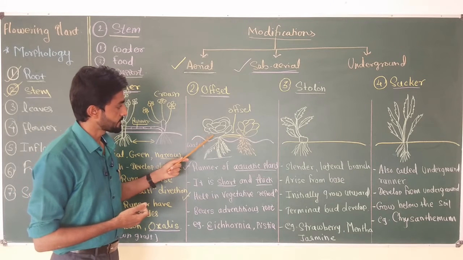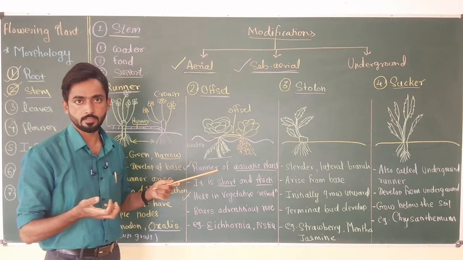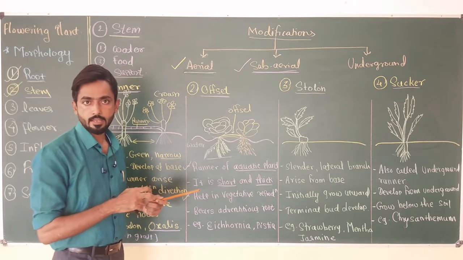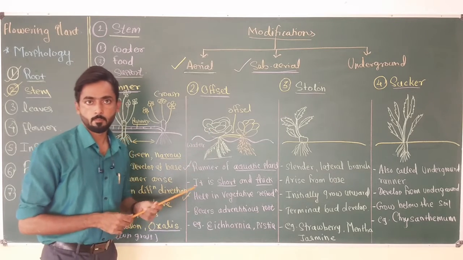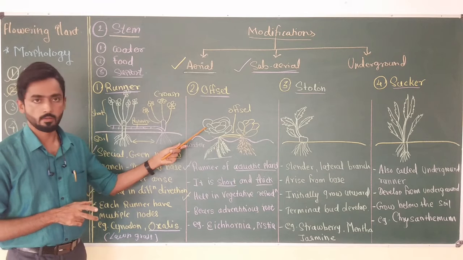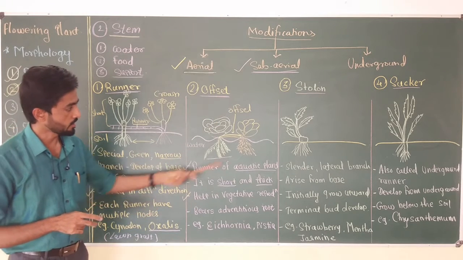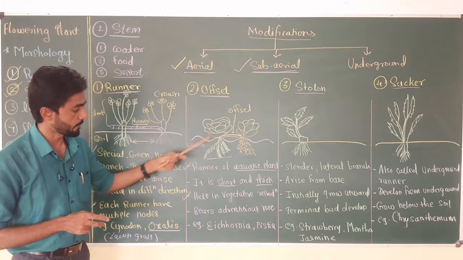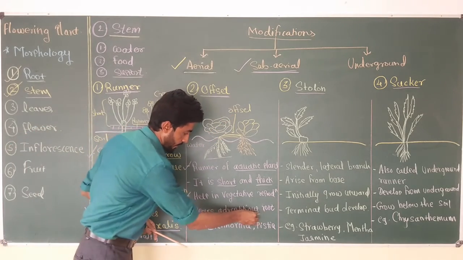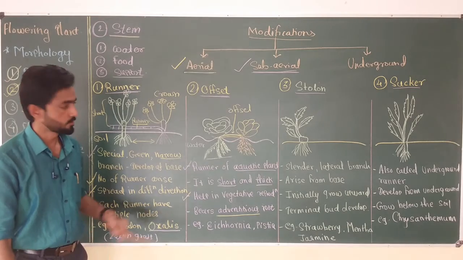Multiple offsets are produced on the water surface, and a single parent plant can give rise to many daughter plants. All the offsets produced from the parent plant show an adventitious root system.